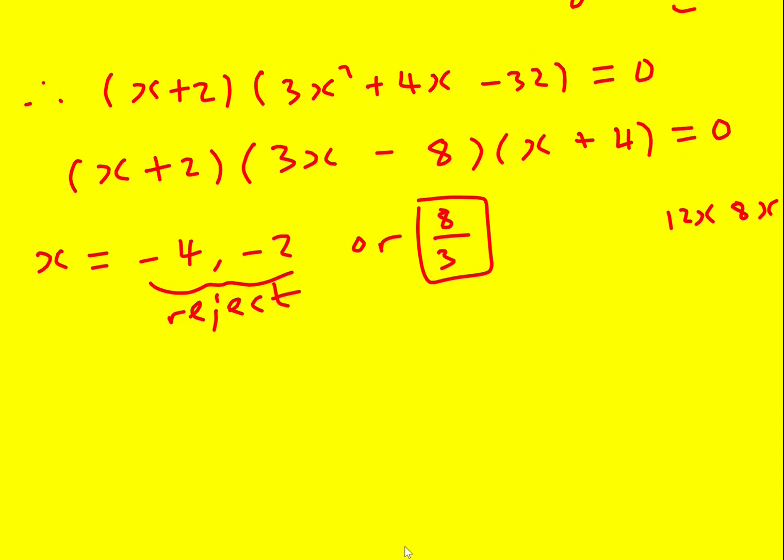I just want to make it really clear: log of x plus 2 won't exist for these.